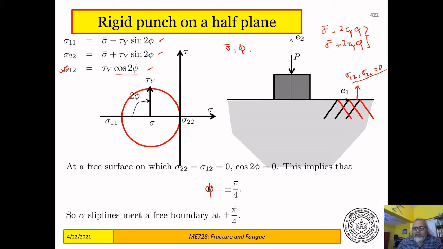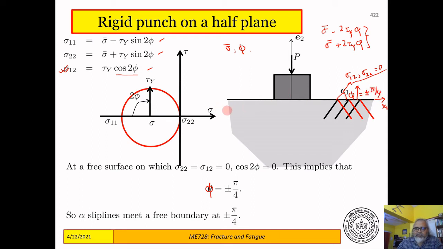And therefore if you have a free boundary, phi, remember, is the angle between the alpha slip lines and the free surface. So the alpha slip lines will make an angle with a free surface. So this is your x1, this is your x2. This angle will be plus minus pi by 4.